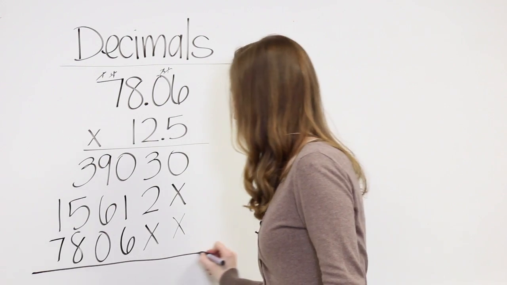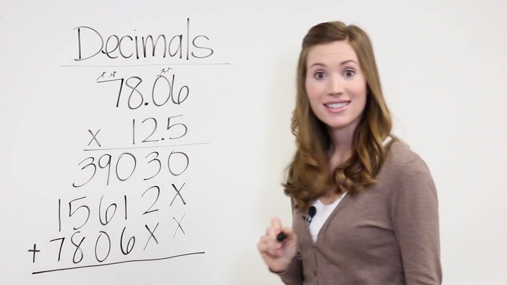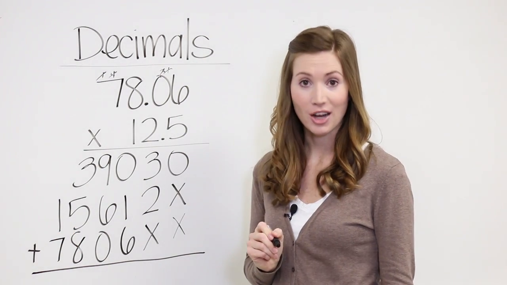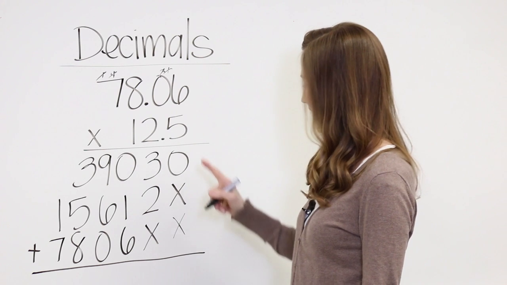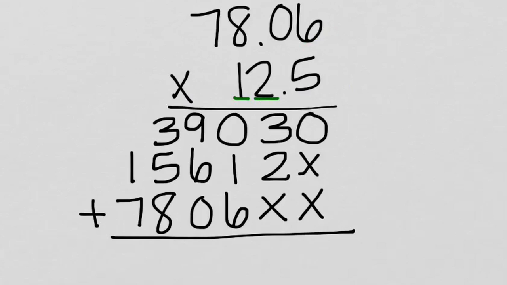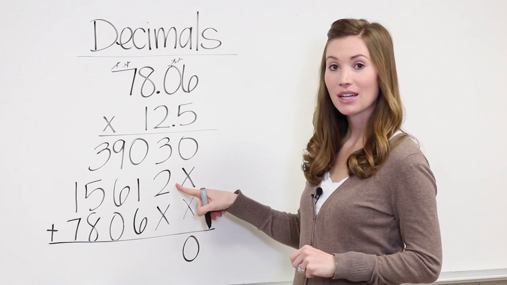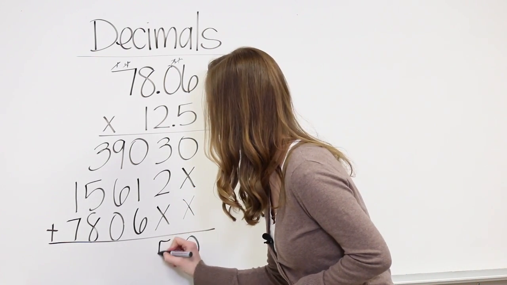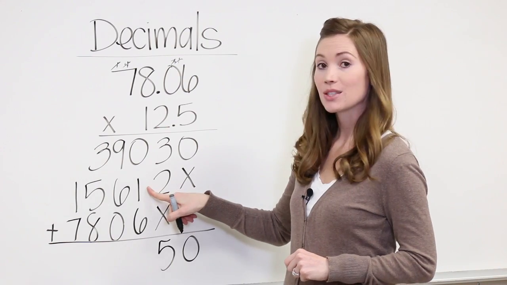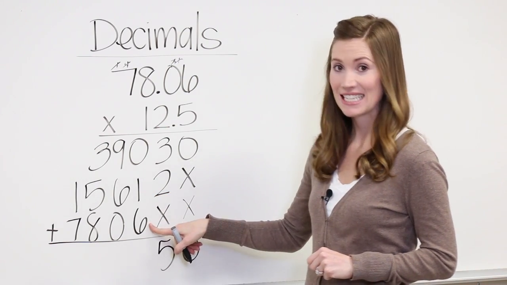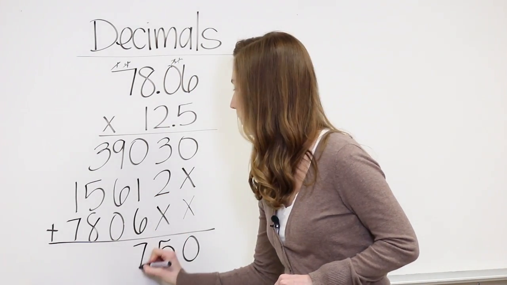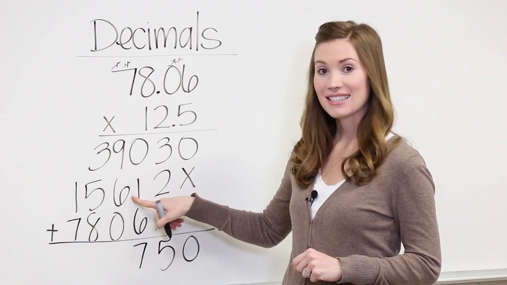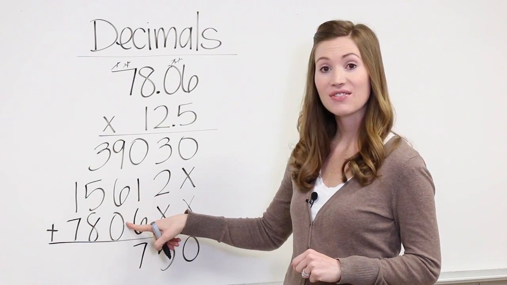Now we're going to add all these digits together to find our final product. Here we go. 0 plus nothing is 0. 3 plus 2 plus nothing is 5. 0 plus 1 plus 6 is 7. 9 plus 6 plus 0 is 15.